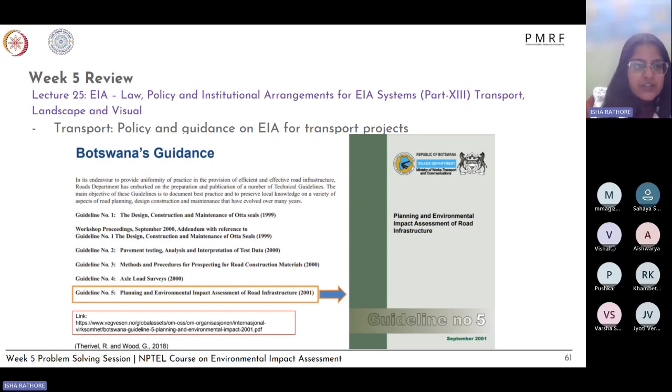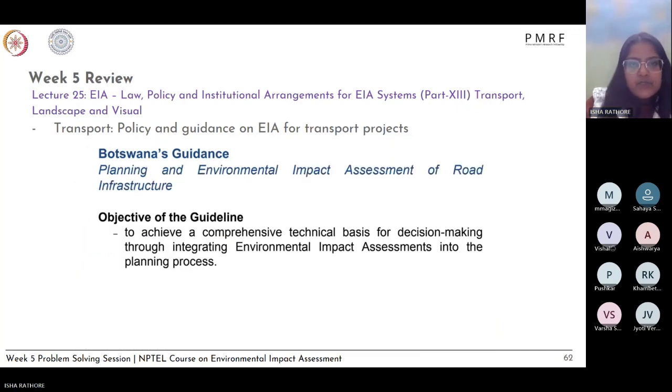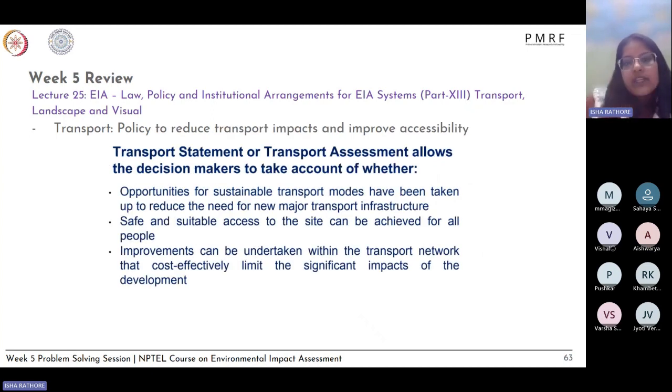We have the International Botswana Guidelines, which look at impact assessment again for road infrastructure. It looks at planning an EIA of road infrastructure, and the objective is to provide a comprehensive technical basis for decision making, so that EIA is implemented in the planning process for road development. Then we have policies to reduce the transport impact and improve accessibility.